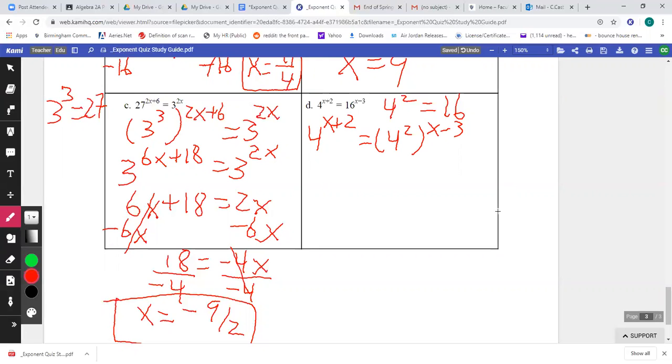And then now distribute the exponent, so it's 2x minus 6. Now that they have the same base, x plus 2 is equal to 2x minus 6.